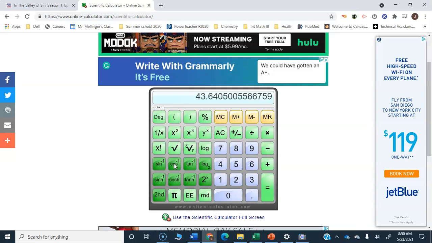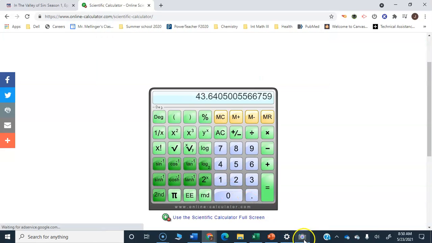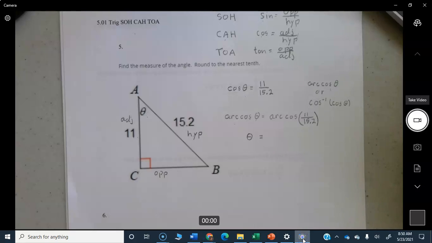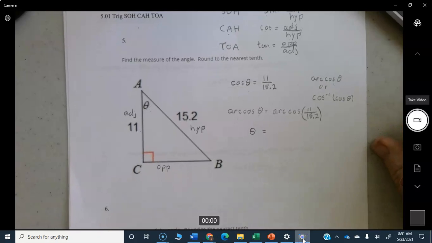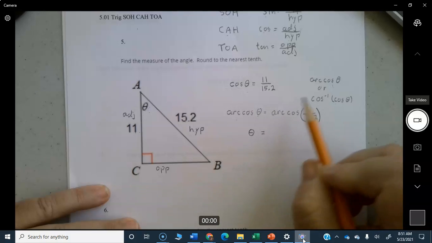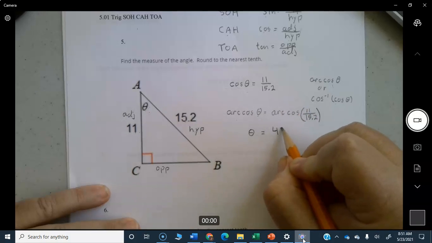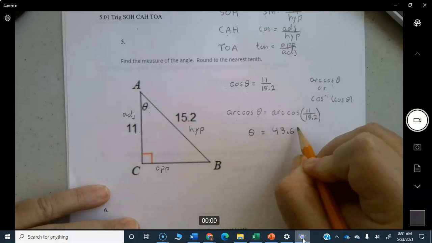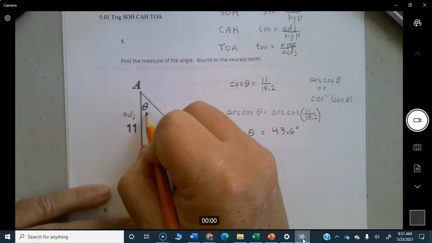I'll just call it 43.6. So that is the angle that we're dealing with here. Okay, so I'm going to go back 43.6. Go back here. And that's simply going to be, that equals 43.6 degrees. Okay, so that's the answer for theta.